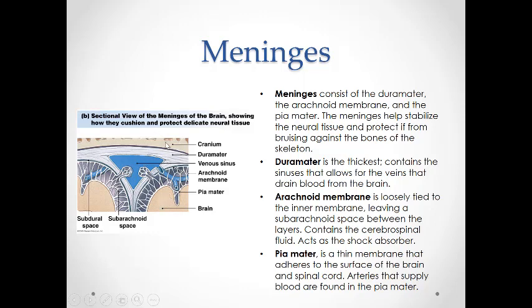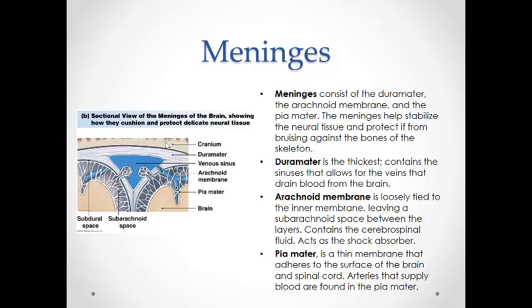The main function of the meninges is really to act as a shock absorber between the brain and the cranium, so that if you bump your head or anything like that, there's a little bit of buffering and shock absorbance that happens. The meninges also carry all of the vasculature that comes to the brain, that supplies the brain with oxygen and removes any of the toxins that are being produced.